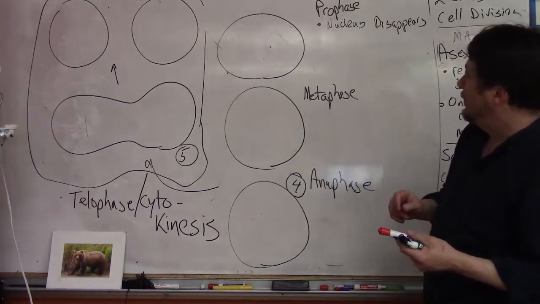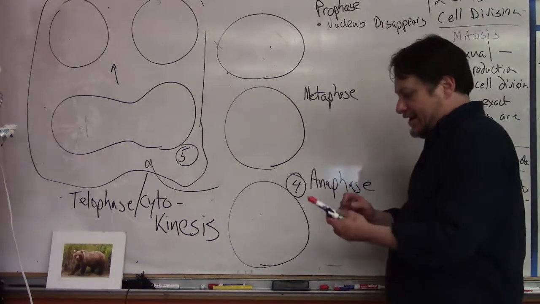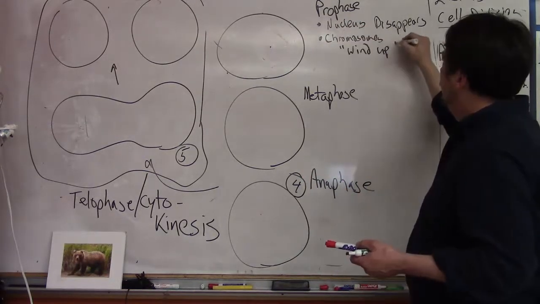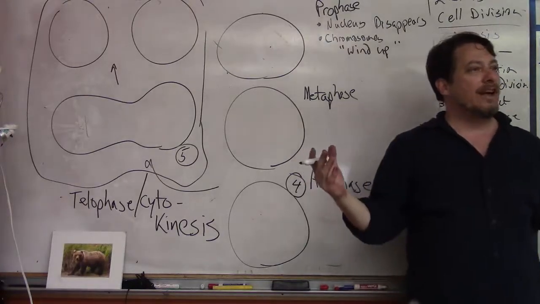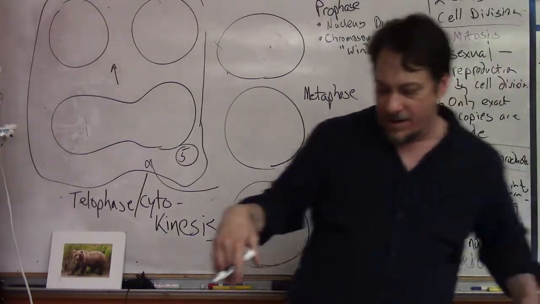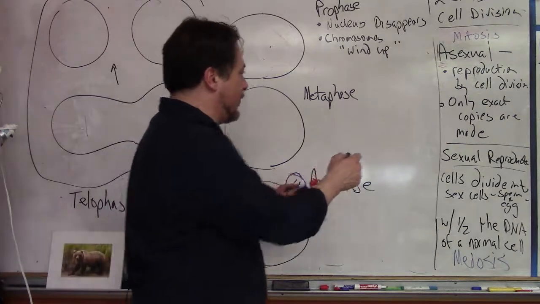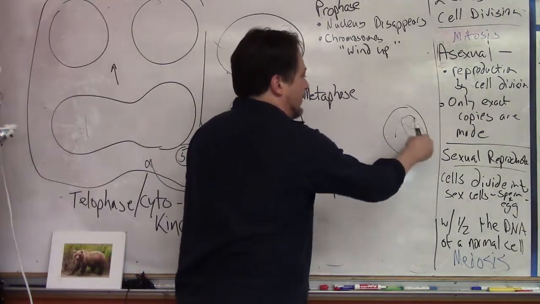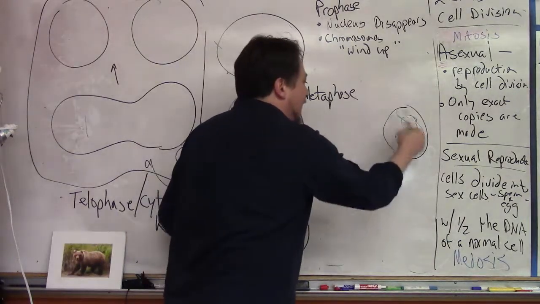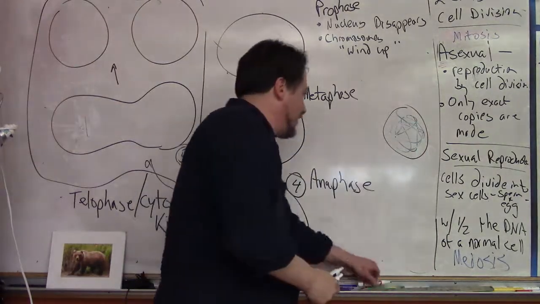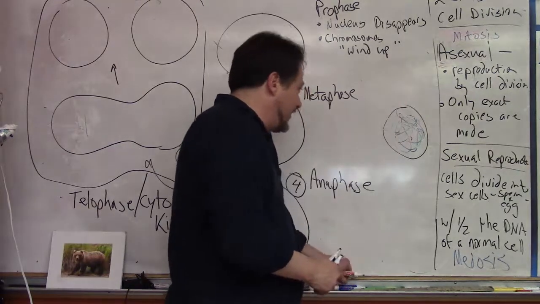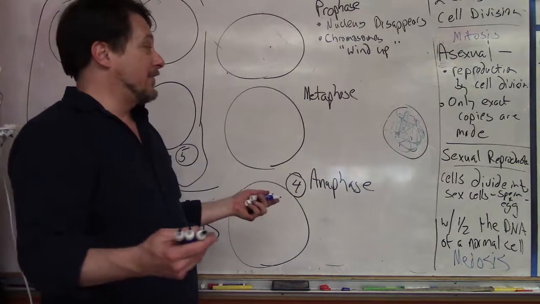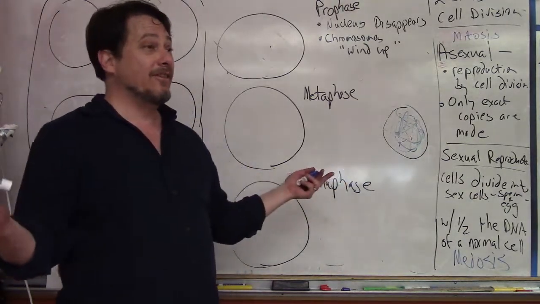The other thing that happens is that the chromosomes wind up. This goes back to our Christmas lights analogy. The nucleus before was just a mixture of different threads of chromatin, all bundled up together. And this is no way to do moving day, especially if you're going to two different places.